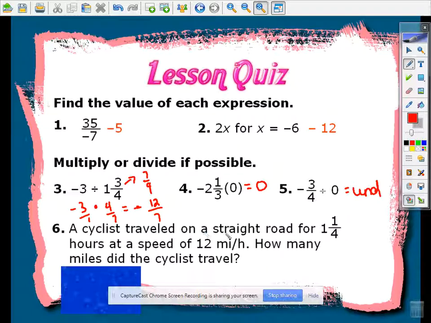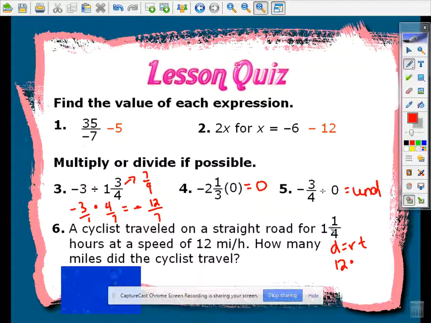Number 6, a cyclist traveled on a straight road for 1 1/4 hours at a speed of 12 miles per hour. How many miles did the cyclist travel? Well, distance equals rate times time. So the rate they're going is 12 miles an hour, and we're going to multiply it by how long, which is 1 1/4 hour.